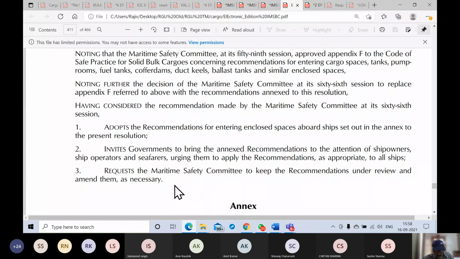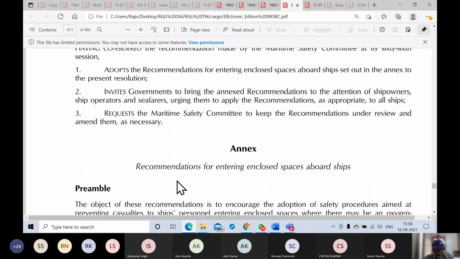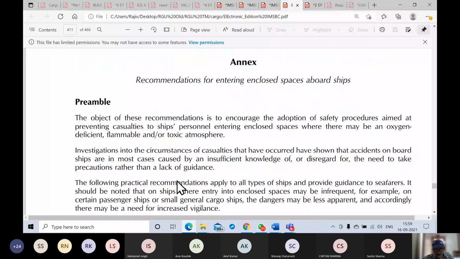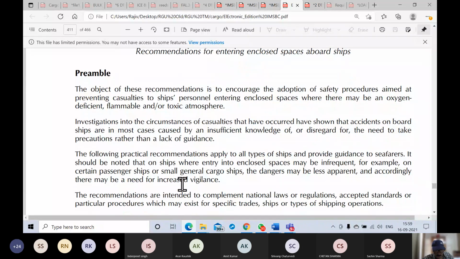And it recommends reviews and recommendations. Safety procedures for people to enter enclosed spaces which may be oxygen depleted, oxygen deficient, or may contain flammable and or toxic atmosphere. In both cases, it will be an enclosed space.